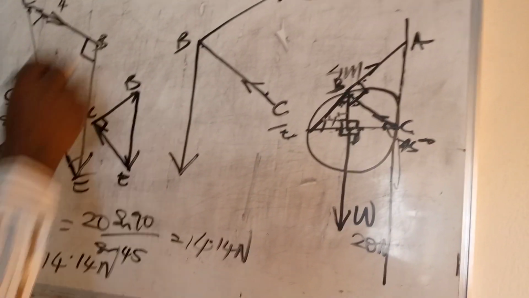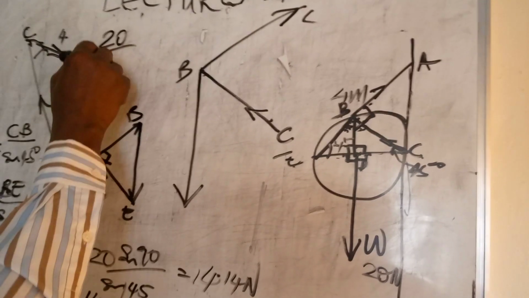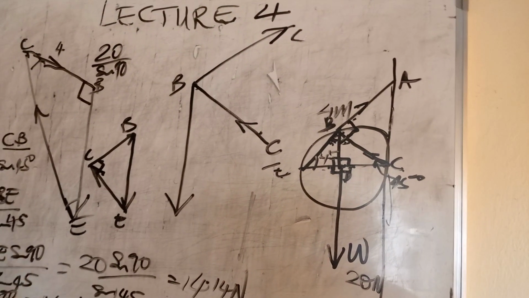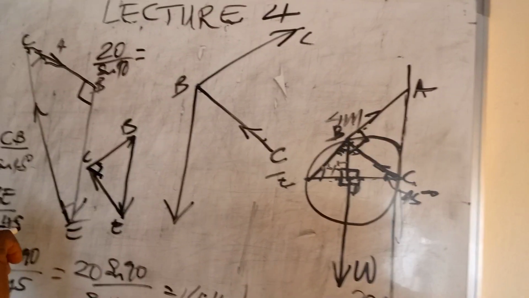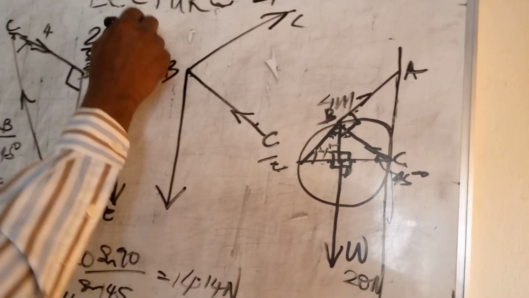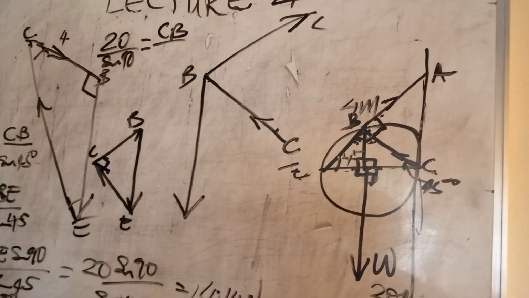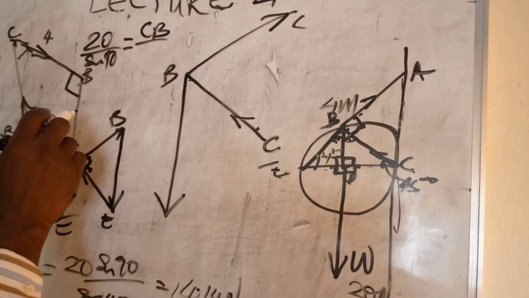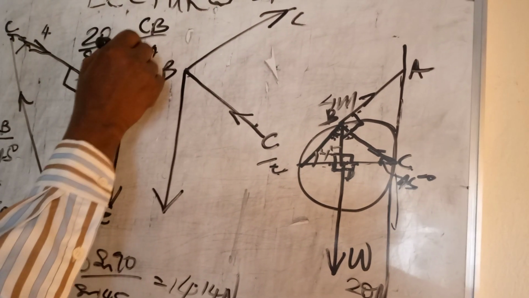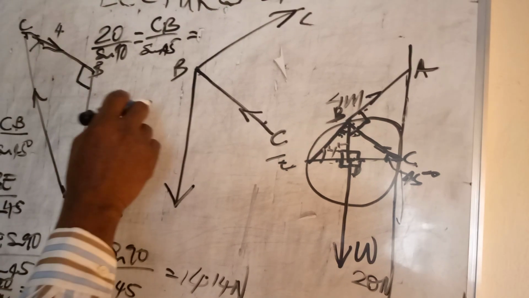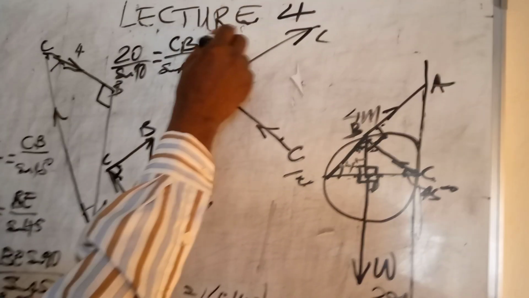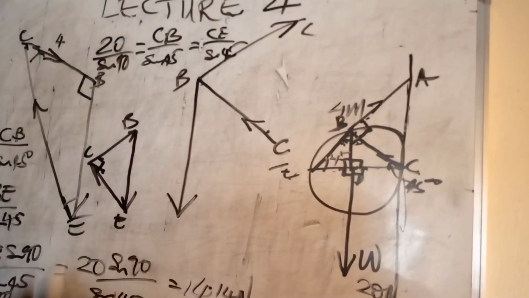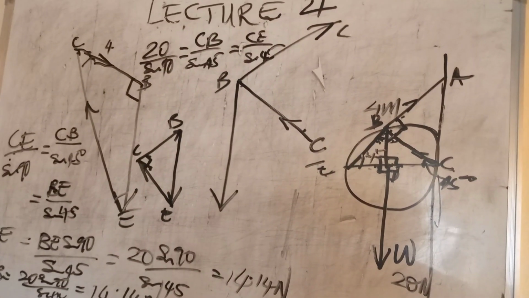The weight of the ball, 20, over sine 90, because this angle is 90. That's BE over sine 90, is equal to CB, the tension in the string, over sine 45, which is also equal to CE, the reaction from the wall, over sine 45. Simple.